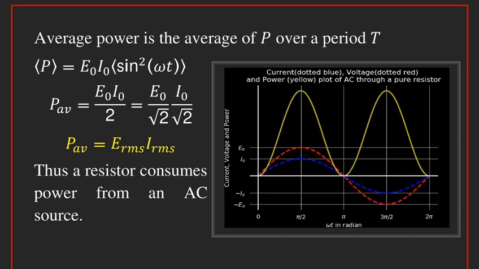So the average power consumed by a resistor is not equal to 0. It is consuming power in both the positive and negative half cycles, because in both these half cycles the power is positive. It means that the resistor gets heated up because of this power in both half cycles.